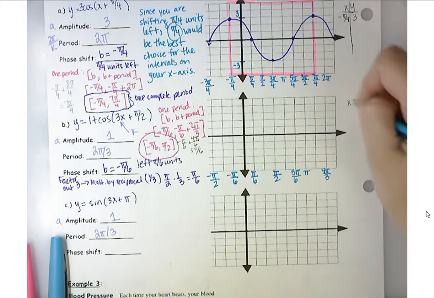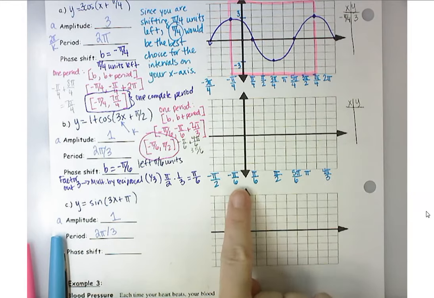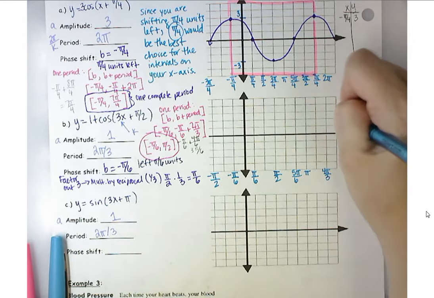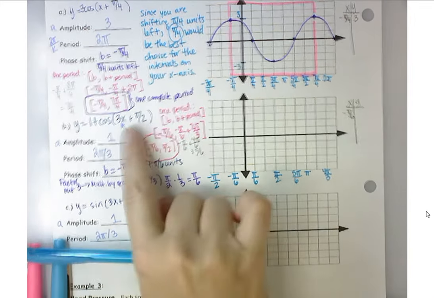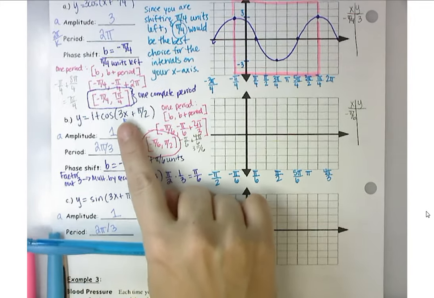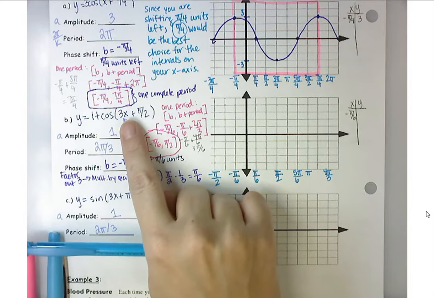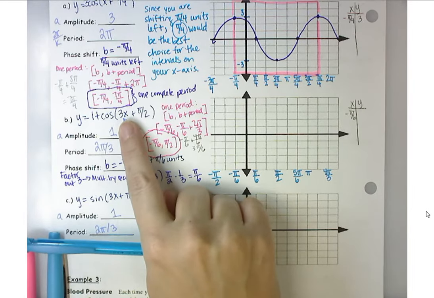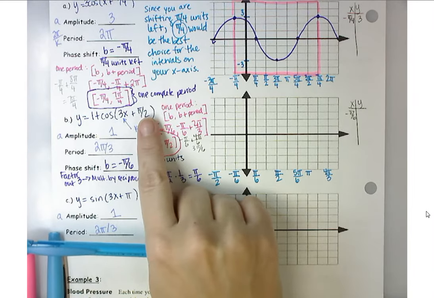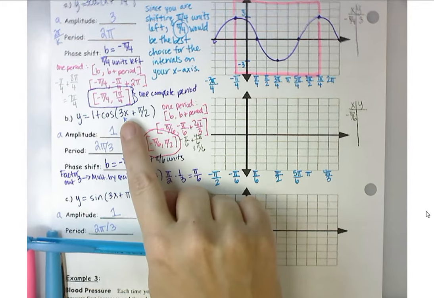So again, you want to start at your phase shift. So if your phase shift is negative pi over 6, then that's probably where I'm going to start. Because if I plug in negative pi over 6, I get negative 3 pi over 6 or negative pi over 2. So when I add that to pi over 2, what do I get? 0. So if you plug in your phase shift, what should you always get inside here? 0.